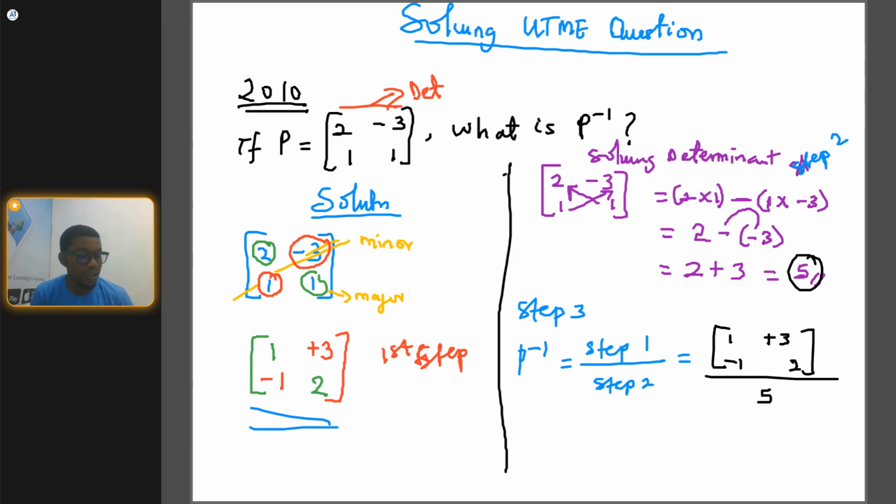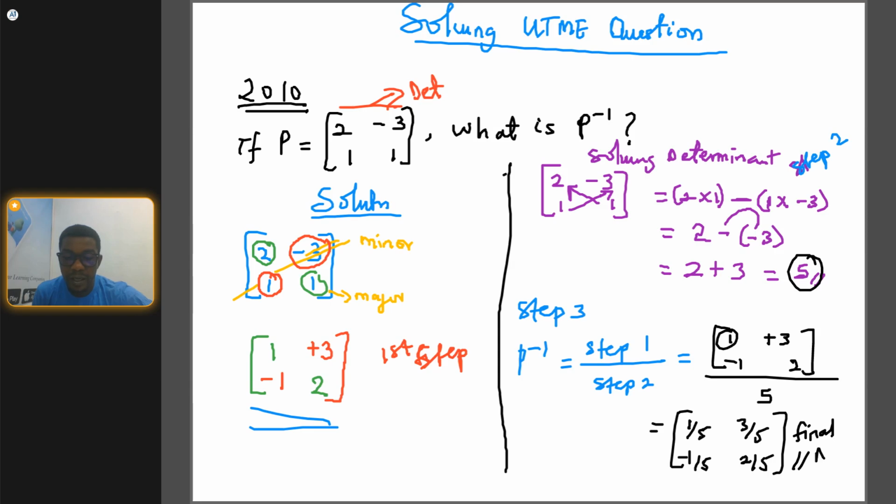So all you need to do now is to divide each of the elements by the denominator, which is 5. You'll be having 1 divided by 5, that is 1 over 5, 3 divided by 5, minus 1 divided by 5, 2 divided by 5, and this is the final answer.